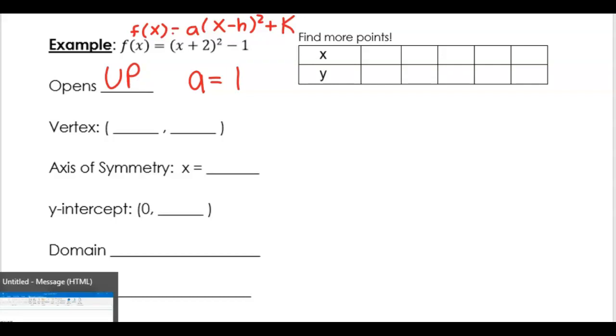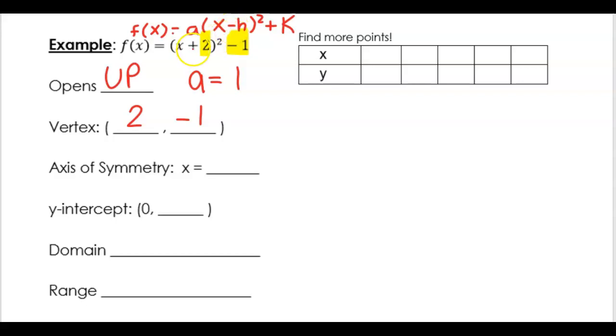And I need the vertex point. This is called vertex form because I can easily find the vertex point. There's the vertex point. Except for one thing. Because there's a negative in the formula, to get this to be a positive, it had to be minus a minus to make a positive.